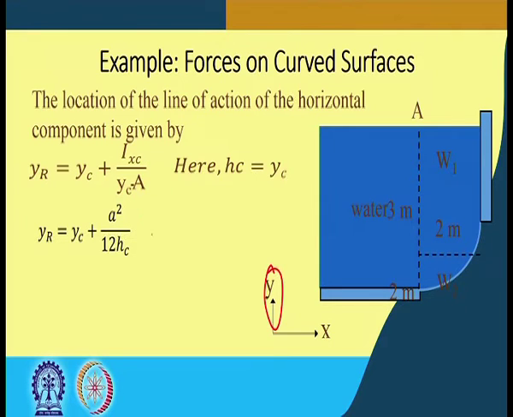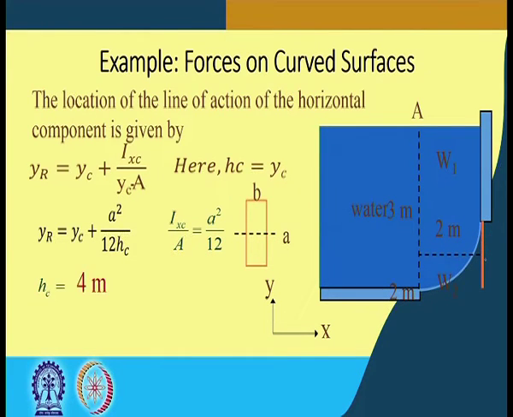will come out to be A square by 12. If you assume B and A as this, IXC by A is going to be A square by 12. As I have already indicated before, HC is going to be 3 meter plus 1 meter, so that is 4 meter.